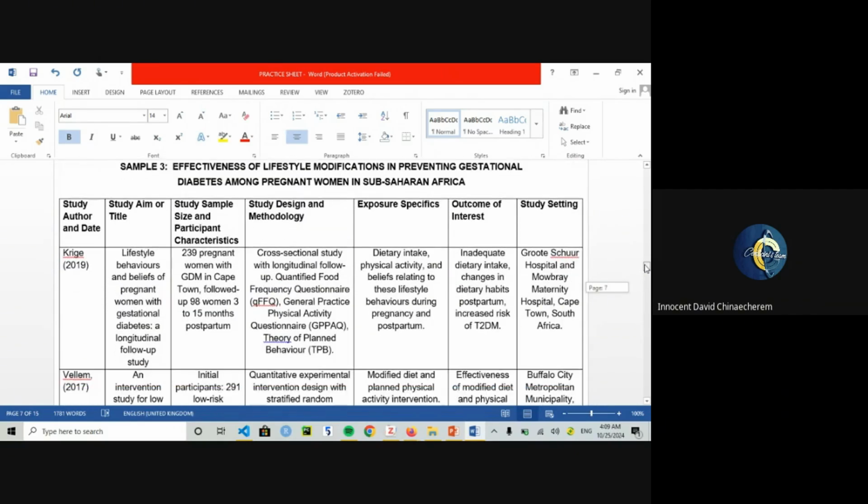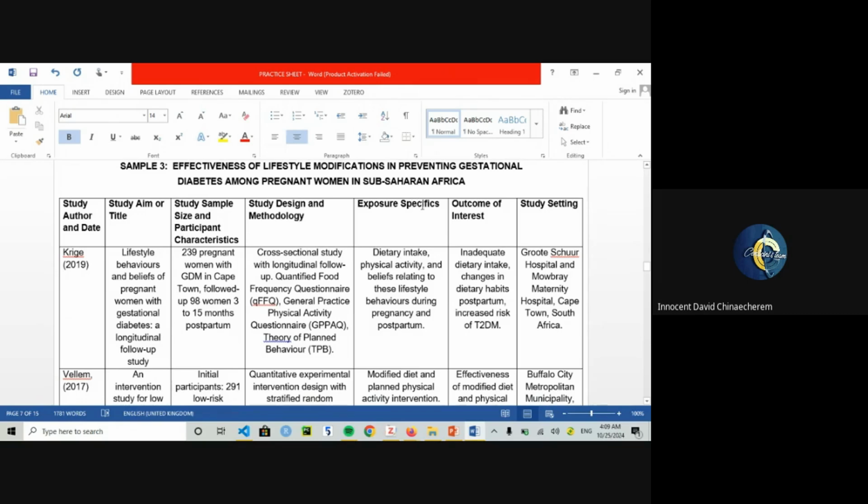And here you look at some of the domains of this study on the effectiveness of lifestyle modification in preventing gestational diabetes among pregnant women in sub-Saharan Africa. This registration form extracted information on the study author and date, the study aim or title, the sample size, the participant characteristics, study design and methodology, exposure specifics.